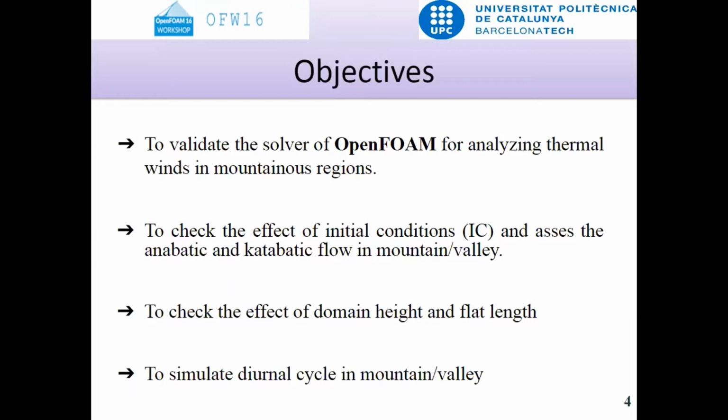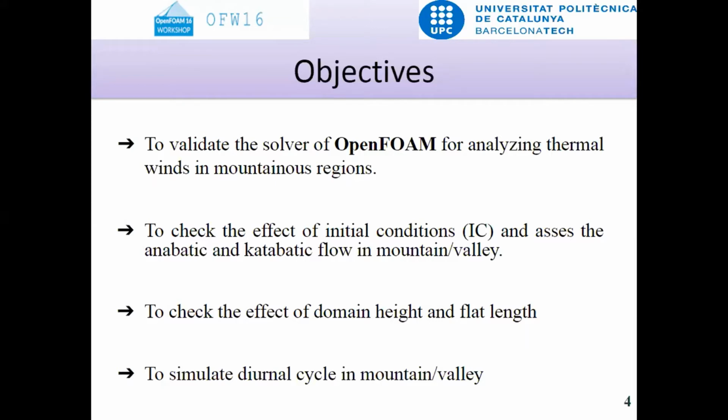Then we check whether the boundary conditions and initial conditions are correct to simulate the upslope, which is anabatic, and downslope, katabatic, flows, and check the effect of domain height and domain width. We also simulate the diurnal cycle in the mountain valley. The 24-hour cycle simulation is done in this work as well.